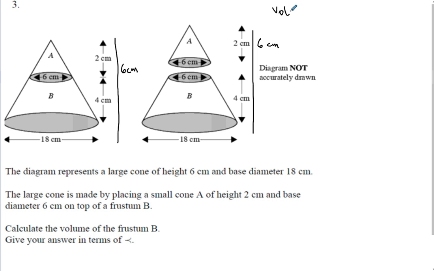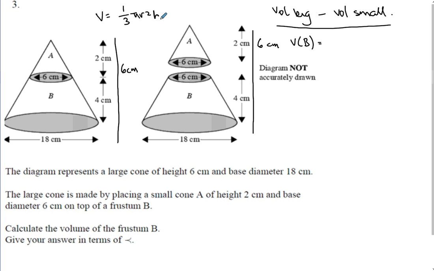So volume big minus volume small, as easy as that, and you're left with the volume of the frustum. So the volume of the big one equals, and you should know the formula for the volume of a cone by heart: 1/3 pi r squared, so the area of the base, times the height.